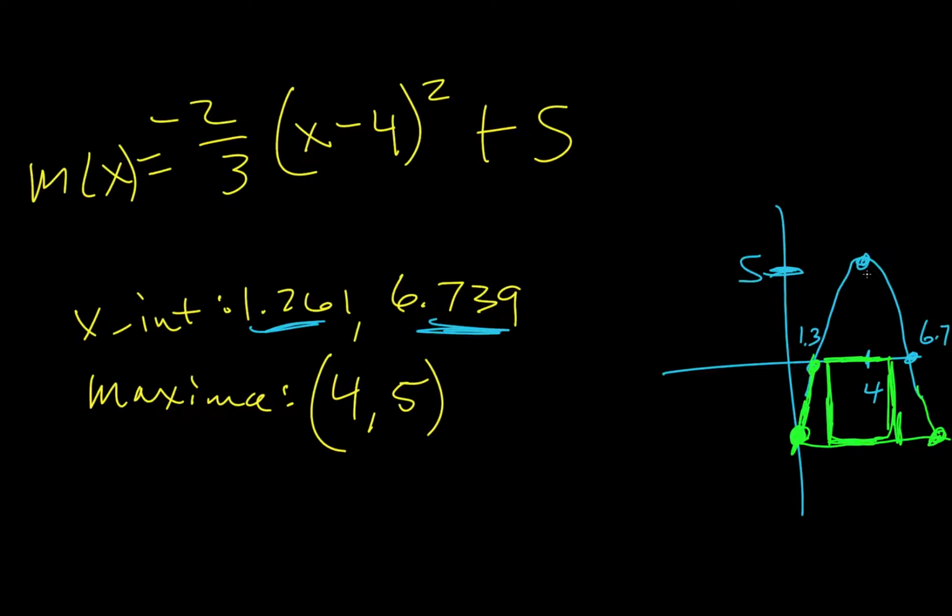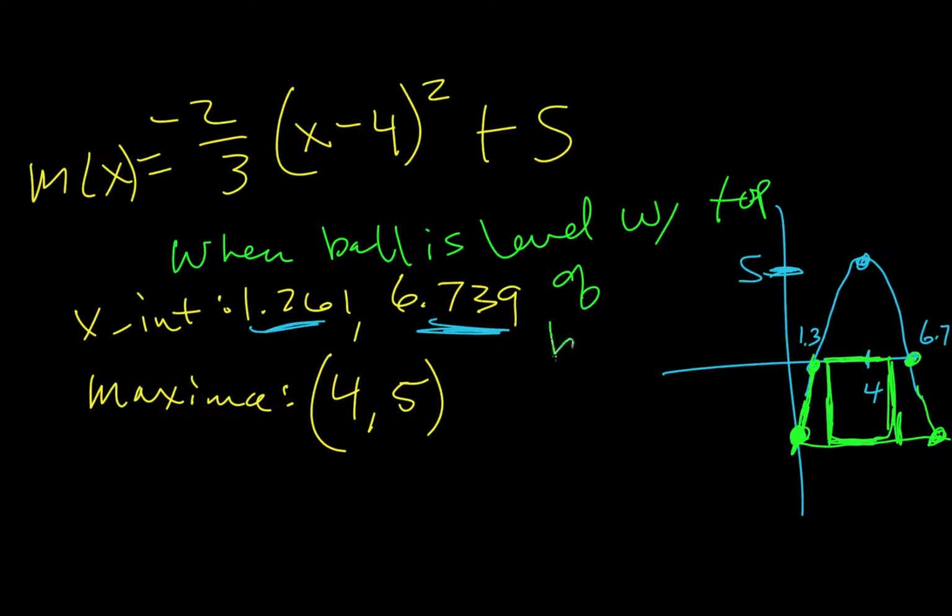So our x-intercepts in this context are going to be when the ball is level with the top of the building. The maxima is going to tell us when the ball is at its highest point.